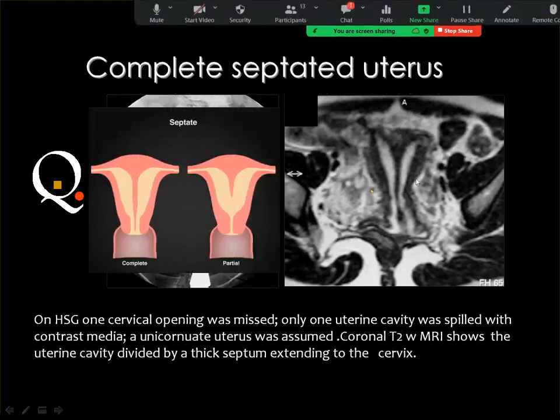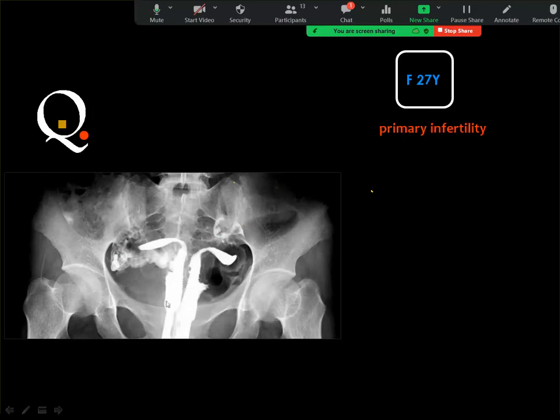The uterus is almost similar to the normal uterus, but it has an intracavitary septum, and this septum may be partial or may be complete. In cases of uterus didelphys, you get both uterine cornua almost totally separated from each other, like this one.